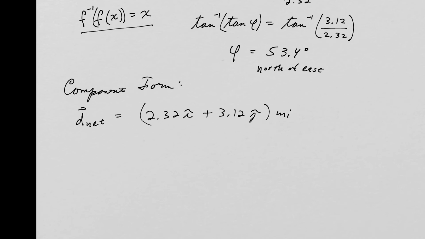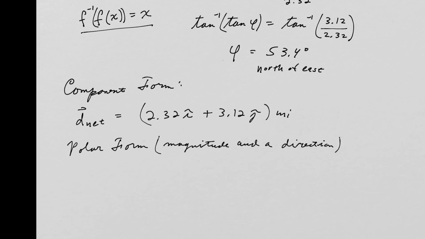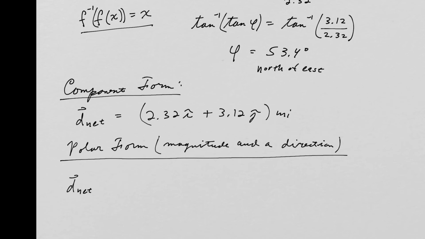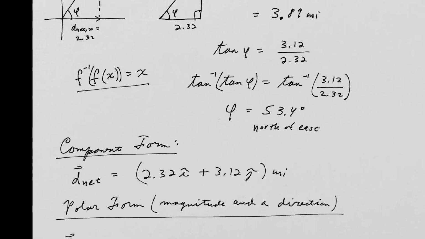If I want it in polar form, that just means write it so it has a magnitude and a direction. Then that's what I just did, right? So you could say d net is equal to, what was it here? 3.89, right?